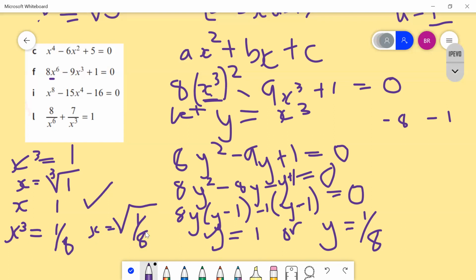What is a cube root? A number that we multiply by itself 3 times and get 1/8. So 1/2 times 1/2 gives 1/4, and 1/4 times 1/2 gives 1/8. So x is equal to 1/2. That's the value of my x.